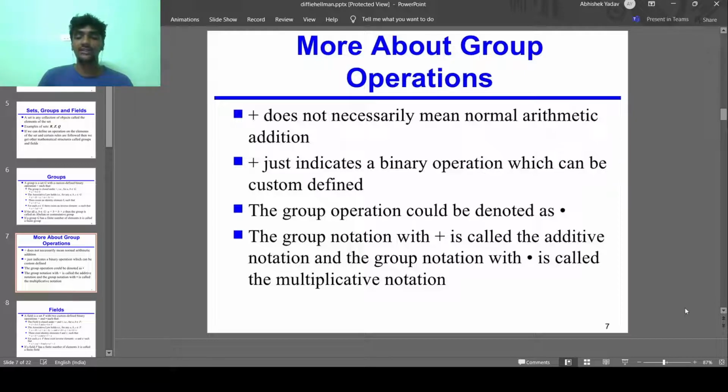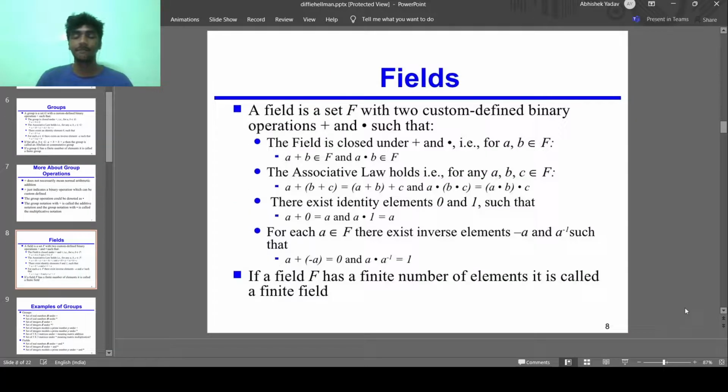The group notation with plus is called the additive notation, and the group notation with dot is called the multiplicative notation. So basically, these are the two notations of the groups.